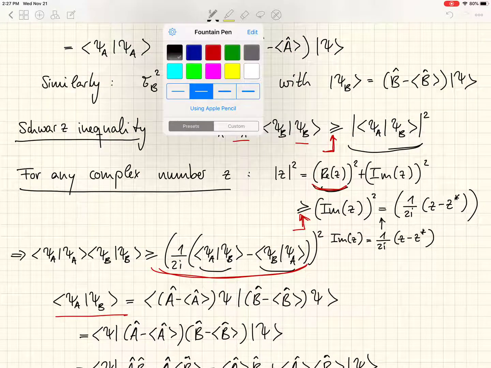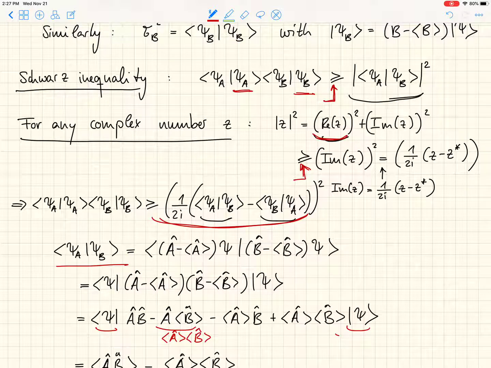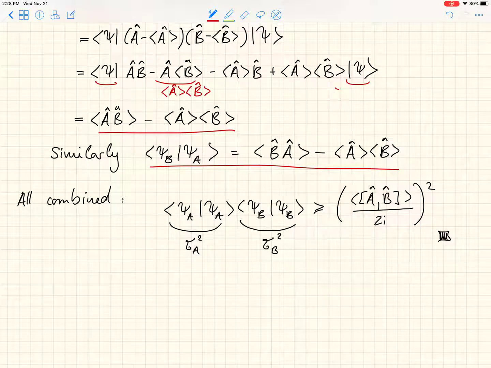Okay, last comment I wanted to make: let's get back to, if we wanted to have equality, we had two conditions to get an equal sign in this inequality. One was that psi_A and psi_B had to be linearly related, and then the complex number z had to be purely imaginary to get an equal sign right here. So what does that mean?